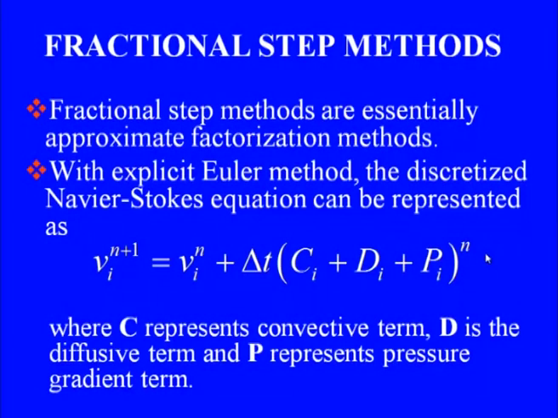Now, here we have used these symbols C, D and P. C represents the convective term, D represents the diffusive term which is essentially the terms which come from our stress field, and P represents the pressure gradient term.